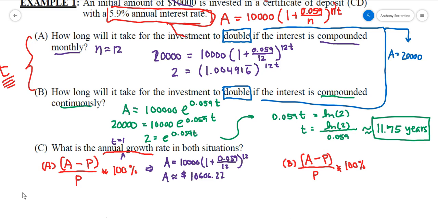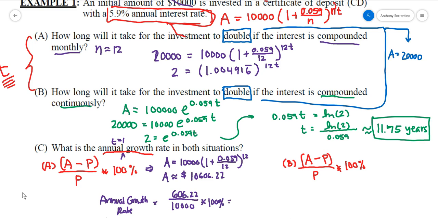Technically, you should keep the exact amount in here until you calculate what the percentage is. But my annual growth rate now is going to equal, well, if I take this amount and subtract away 10,000, I'm just going to have $606.22 over that 10,000 times 100%.